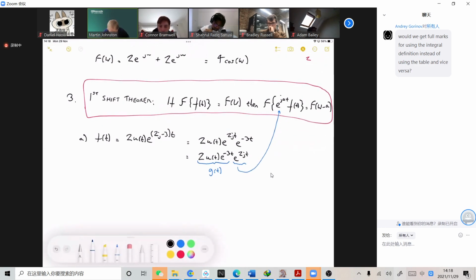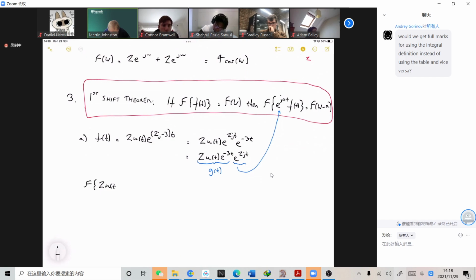So the Fourier transform of 2 u of t e to the minus 3t, we look that up from the table, is going to be 2 over 3 plus j omega. That's right. Okay. So that's F of omega.